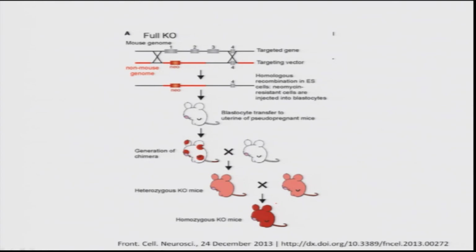So, that is what is shown here. For example, the recombination happens here and here, the neomycin gene is there and you mutated the gene. This is the foster mother in which the blastocyst is put inside, and then the embryo develops into an animal.